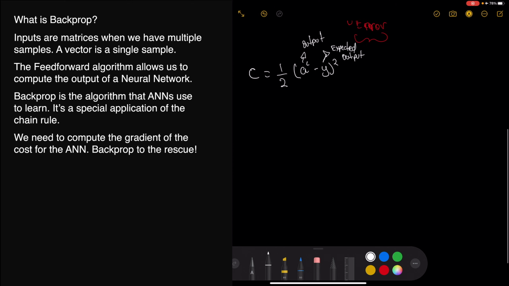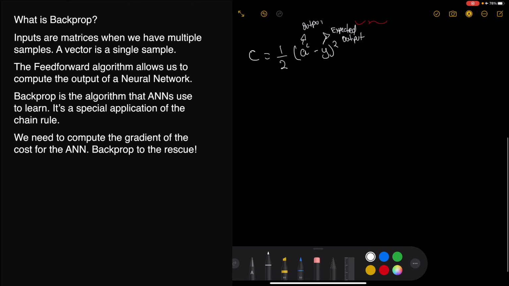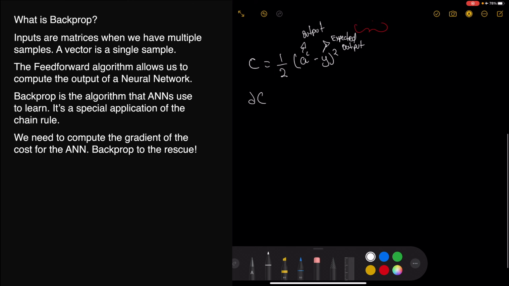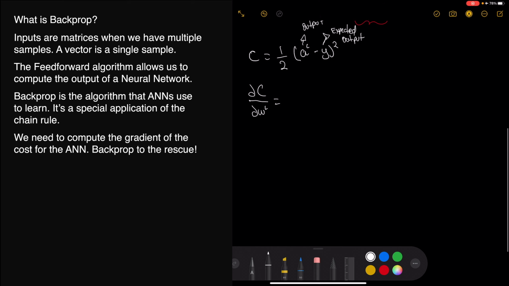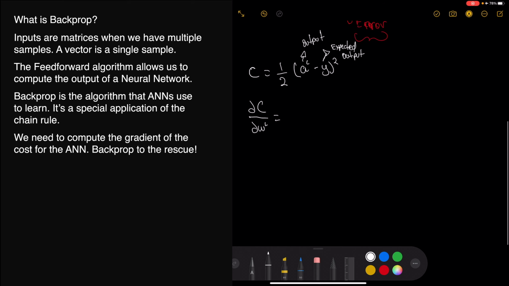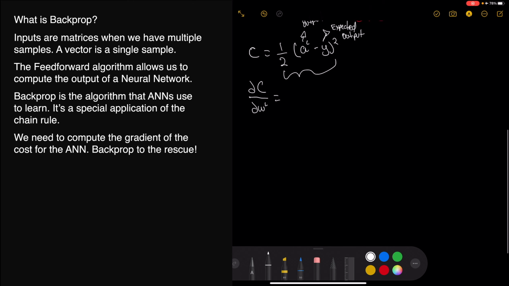Great. So can we compute the gradient of the cost function, that is, the partial derivative with respect to all the parameters? And the answer is yes. So let's go ahead and work through it. All right, so let's find the partial derivative of the cost with respect to the weights on the Lth layer, meaning the last layer. We just have to apply the chain rule, so let's take the derivative of 1/2 times the quantity AL minus Y squared.